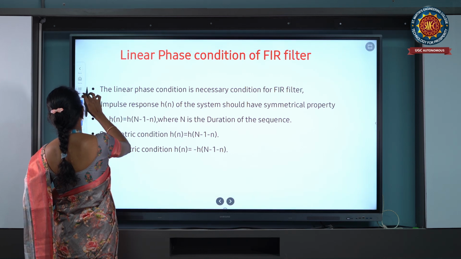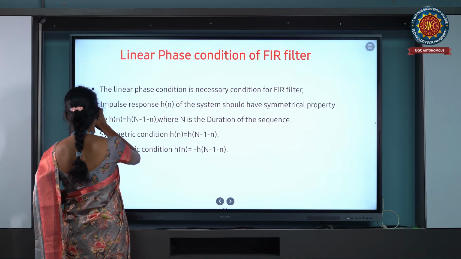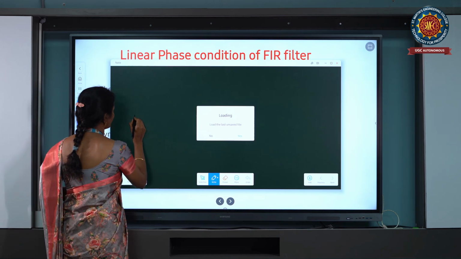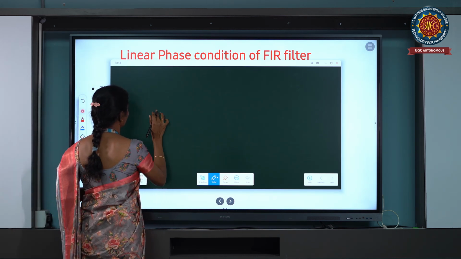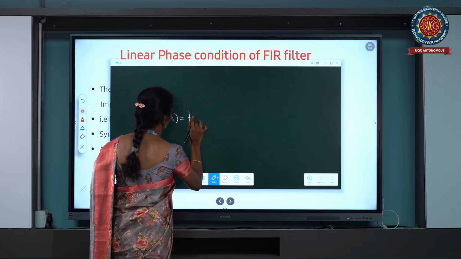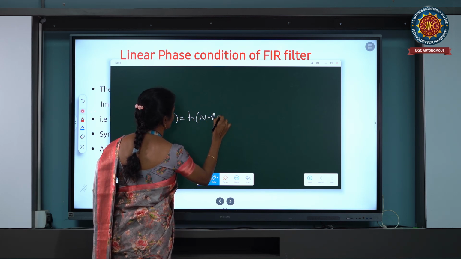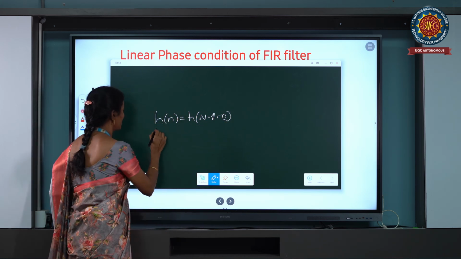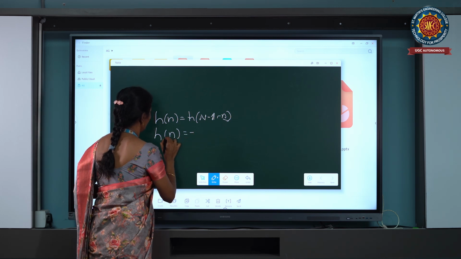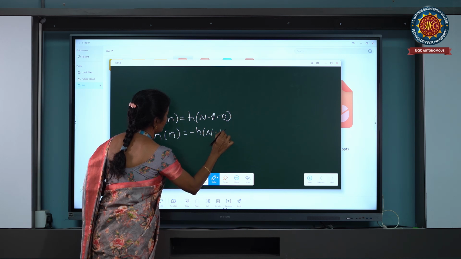The formula of the symmetrical property is h of n is equal to h of N minus 1 minus n, and the formula of the anti-symmetrical property is h of n is equal to minus h of N minus 1 minus n.